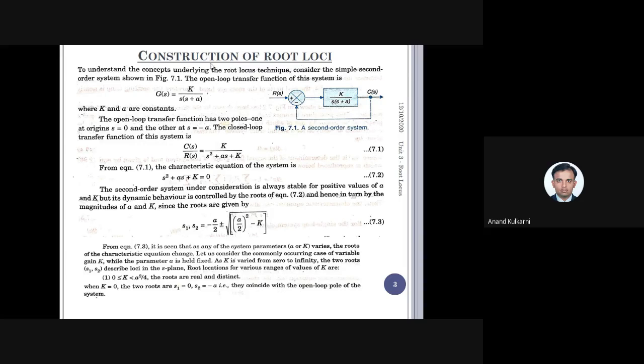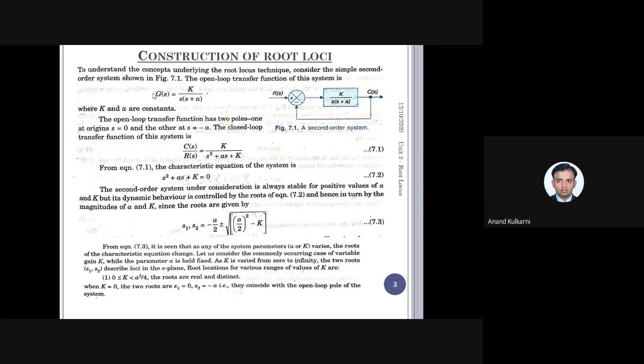Now, the open loop transfer function is K divided by s into s plus a. In the numerator only K is there, that is constant. That means there is no zero in the numerator. There is no s value which will make the transfer function 0. So the number of zeros is 0. Whereas in the denominator, if you put s equal to 0, this transfer function becomes infinity.